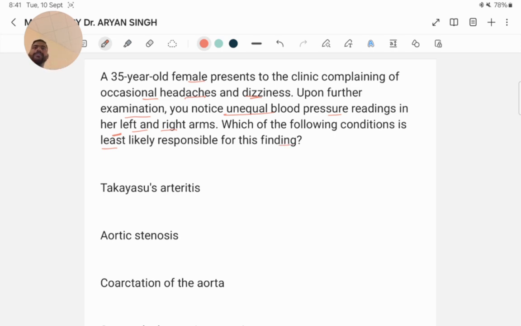Unequal blood pressure readings in the left and right arms are commonly associated with conditions affecting the aorta and/or its branches. The right answer is aortic stenosis.